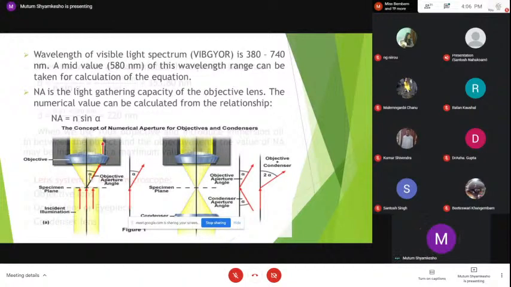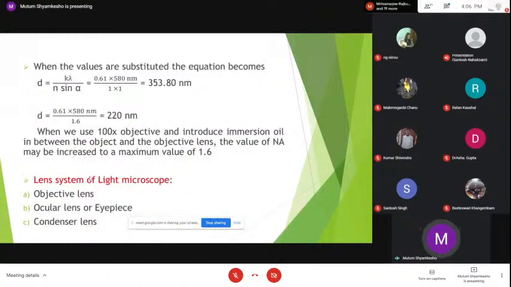When the corresponding values are substituted in the original equation, 0.61 lambda divided by n sine alpha, or NA, it becomes 0.61 into 580 nanometers divided by 1 into 1, because we are taking the value of n as the refractive index of air.